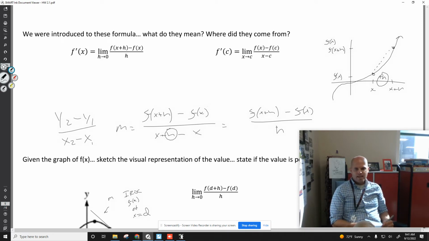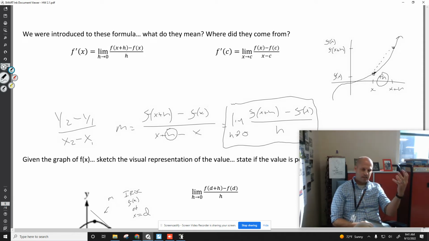Well, if the distance between those 2 points is infinitely small, if you're using 2.9999 and 3.00001, the distance between those points is close to 0. If we take this distance and make it close to 0, my friends, this is the idea that combines slopes and limits that gives you better and better approximations.